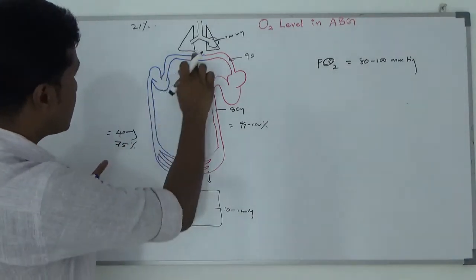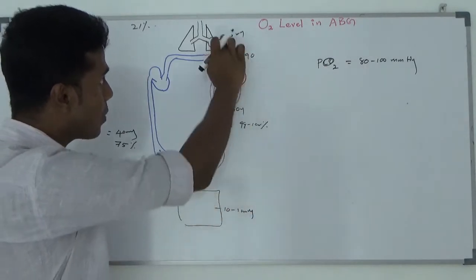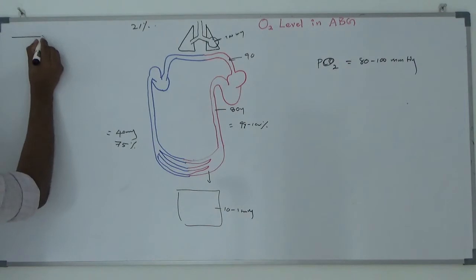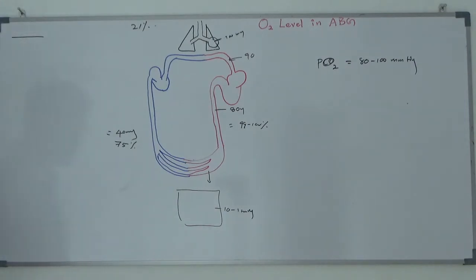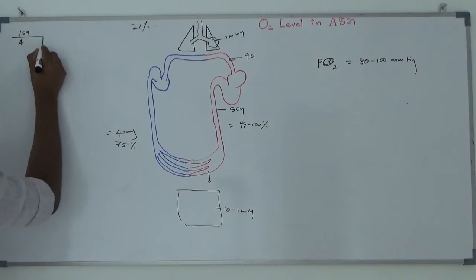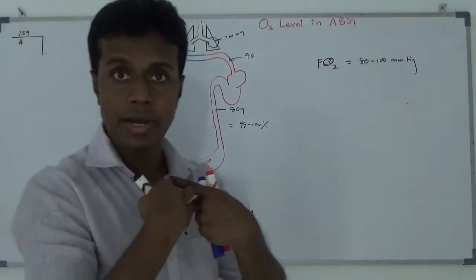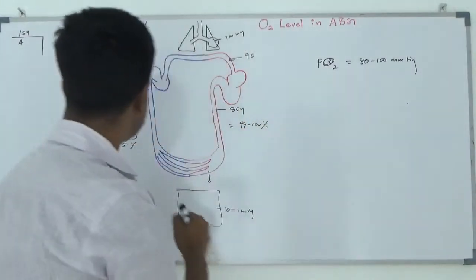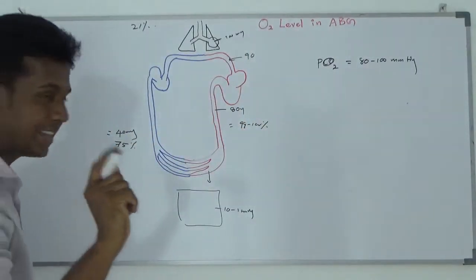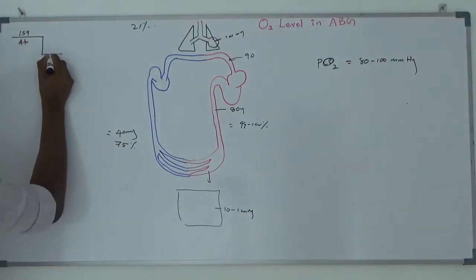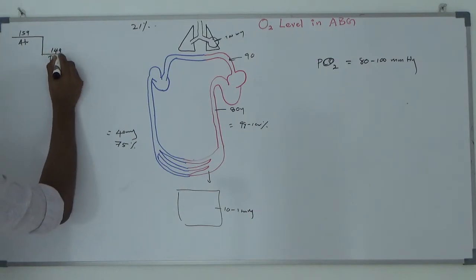If I draw the oxygen reduction from top to bottom, it will be like this. Here your atmospheric oxygen partial pressure is roughly about 159. When it comes into the major airway, trachea, once it is fully humidified, this is atmospheric, this is trachea, it is about 149 millimeter mercury.